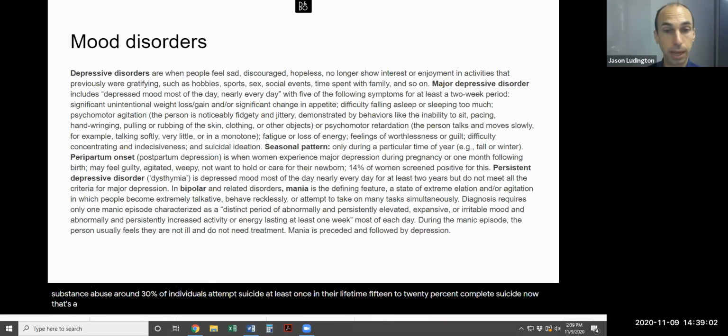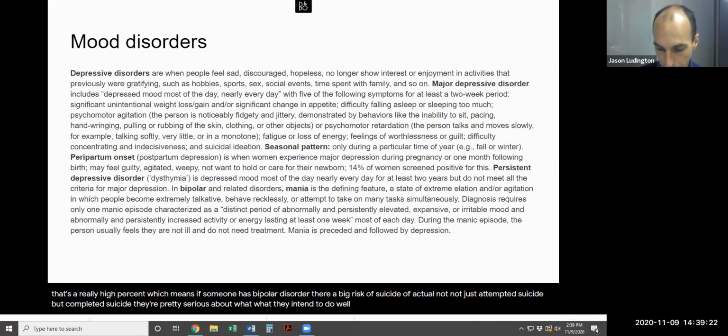Now that's a really high percent, which means if someone has bipolar disorder, they're at big risk of actual, not just attempted suicide, but completed suicide. They're pretty serious about what they intend to do. Having a family member with bipolar raises your risk of having bipolar 9 times. So there's a substantial genetic contributor.